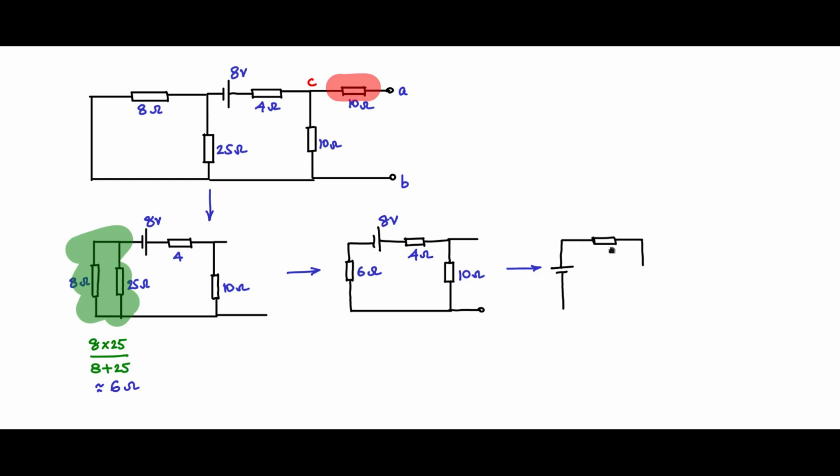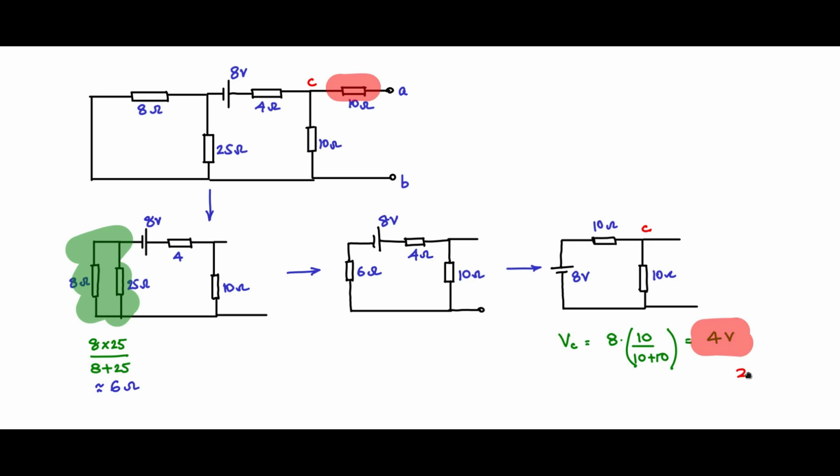So you have 8 volts, 6 and 10 will combine to form 10 ohms, and the voltage at VC, applying the voltage divider rule, is 8 into 10 divided by 10 plus 10, which is 4 volts. So the second value is 4 volts.